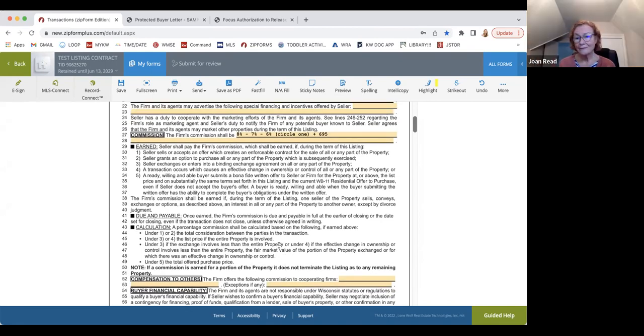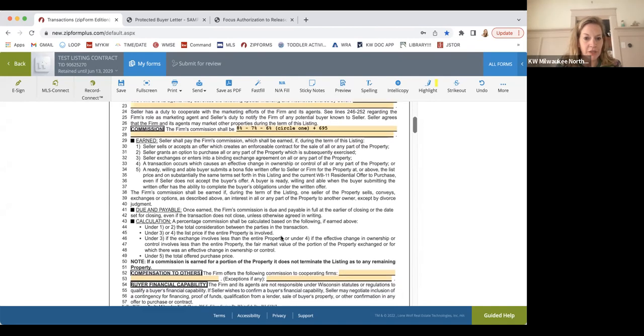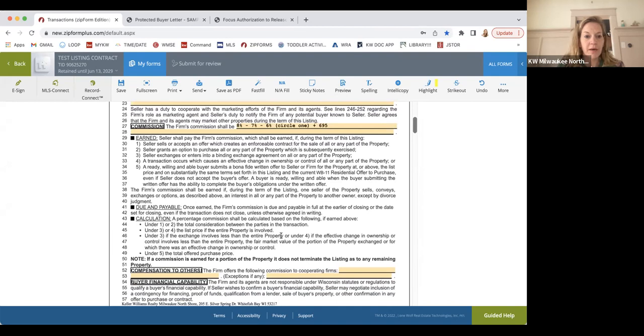Right. And then this goes on to describe how a commission is earned. So beginning on line 29, a seller shall pay the firm's commission, which shall be earned if during the term of the listing, the seller sells or accepts an offer which creates an enforceable contract for the sale of all or any part of the property. Seller grants an option to purchase all or any part of the property. Seller exchanges or enters into a binding exchange agreement on all or any part of the property.